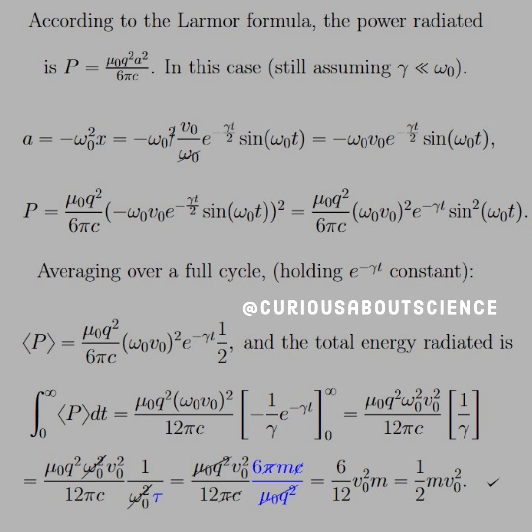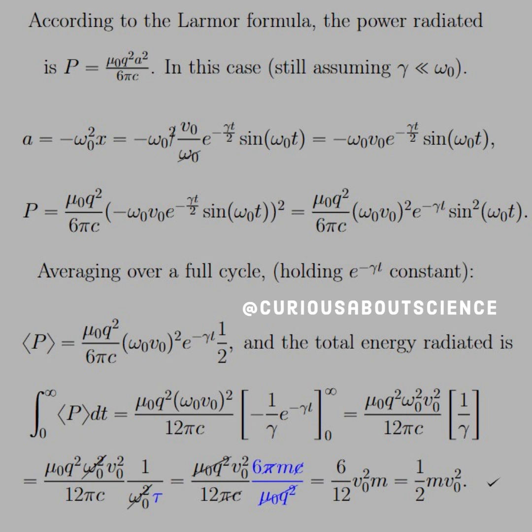With gamma being so small, the exponential term is going to look constant with respect to the full cycle. So we get rid of the sine with the 1/2, and the total energy radiated now goes from 0 to infinity in the integral of the average power P.